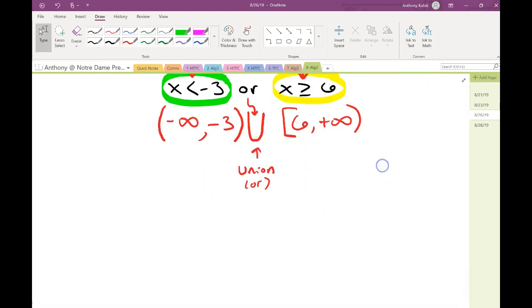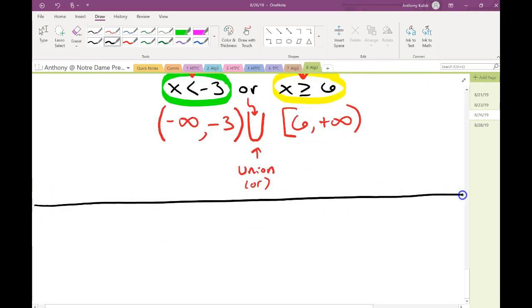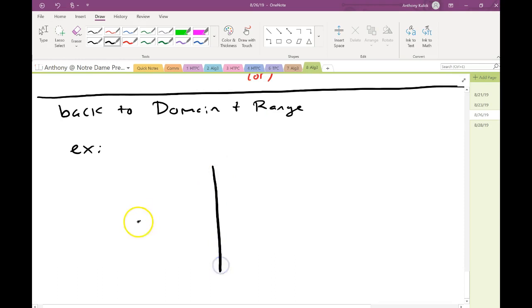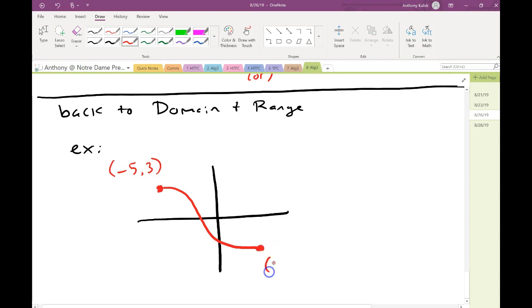Okay. So let's return to our domains and ranges. And we'll do another example. Actually, let's do this.